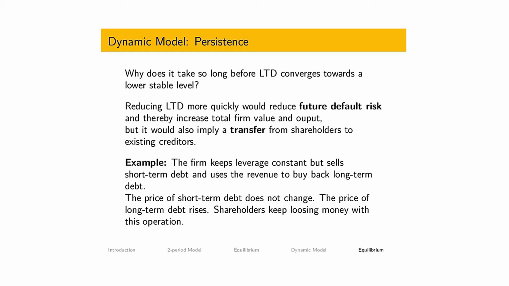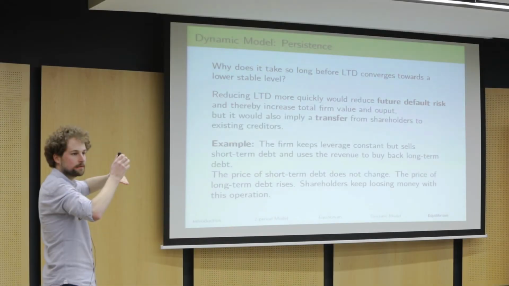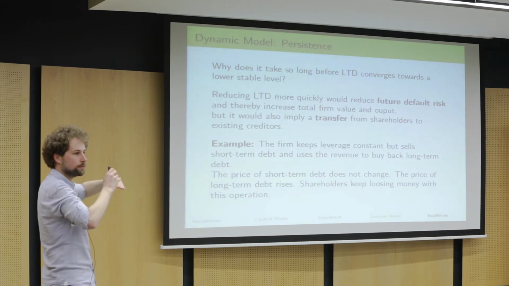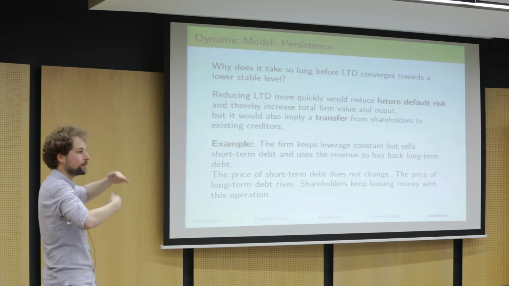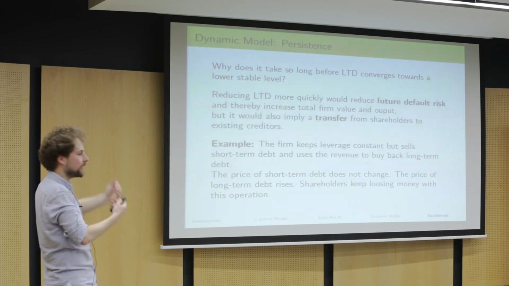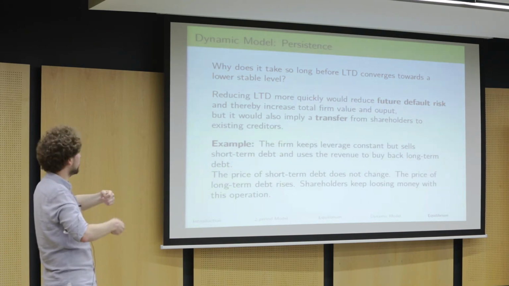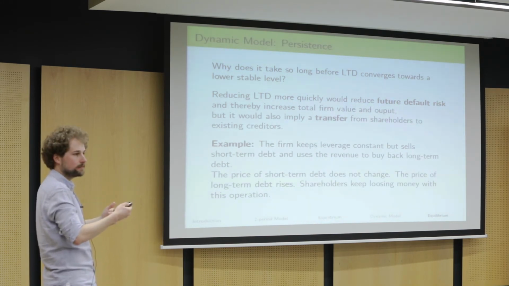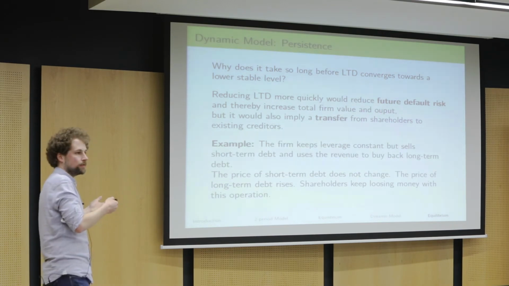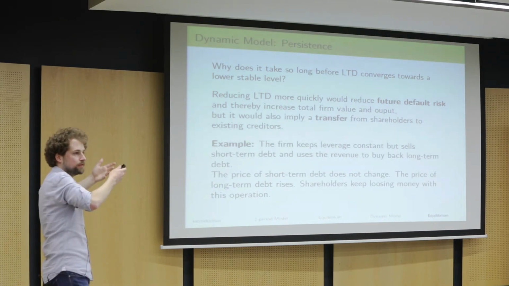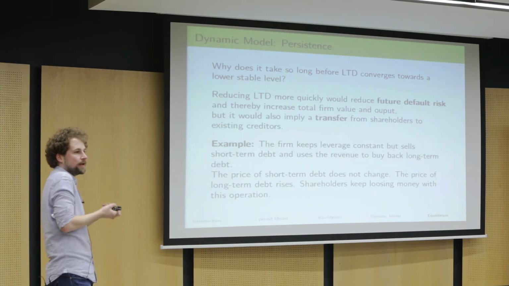But if leverage is constant, the price of short-term debt is constant when you do this. So it will not change during this operation, but the price of long-term debt will increase because future default risk will reduce in this operation. And so the price moves against the firm, and the shareholders will lose money in this operation. Existing creditors are happy because their long-term debt increases in value, but the firm does not internalize this.